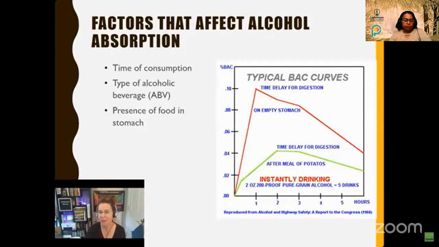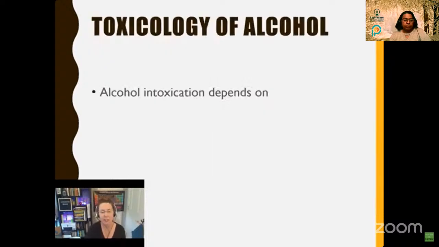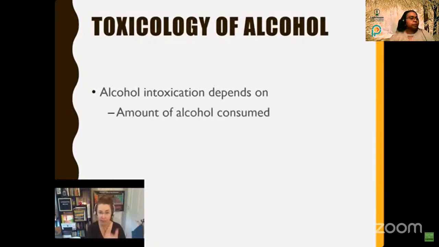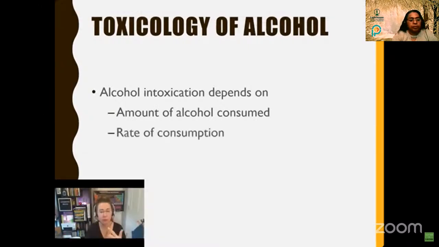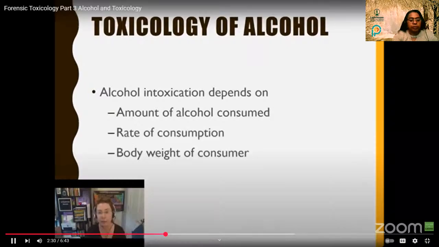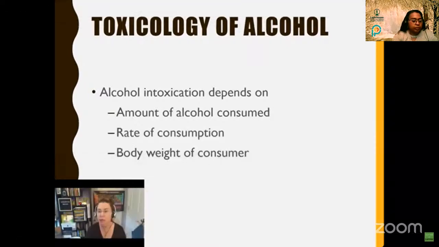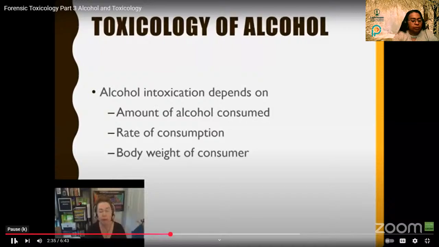Let's talk a little bit about alcohol intoxication, because that's a little bit different from absorption. Alcohol intoxication depends on the amount of alcohol consumed, the rate of consumption, and the body weight of the individual consuming the alcohol. Someone who only weighs 100 pounds will become much more intoxicated by the same amount of alcohol compared to somebody who weighs 200 pounds.